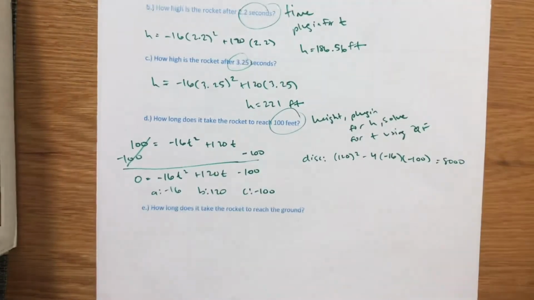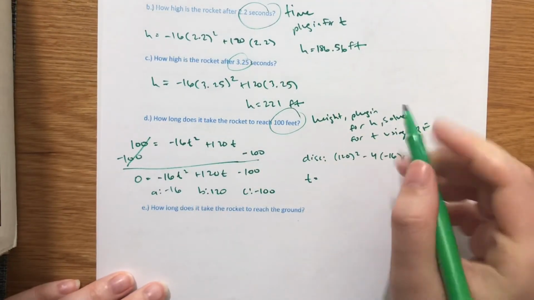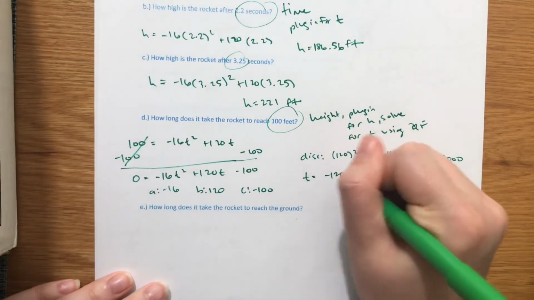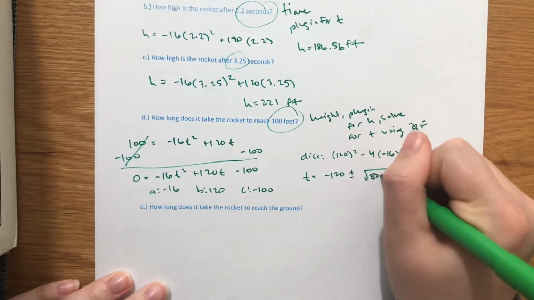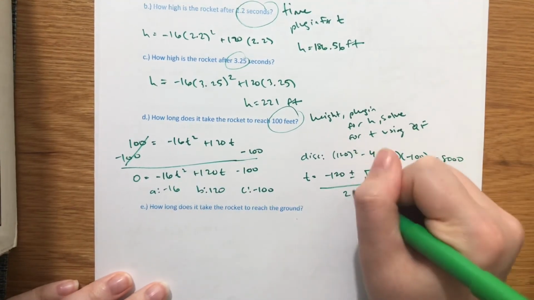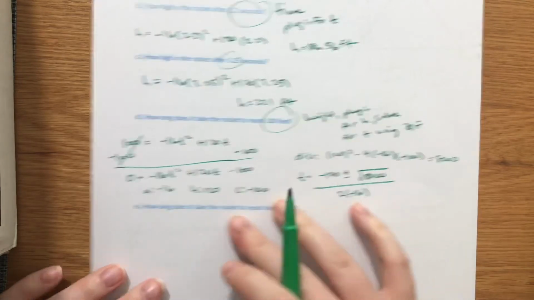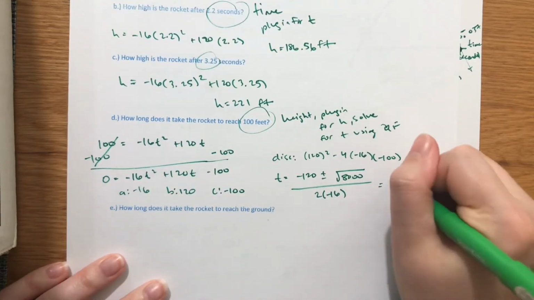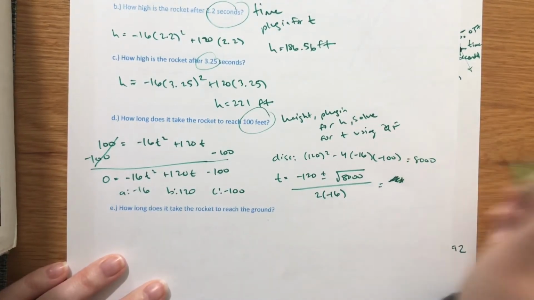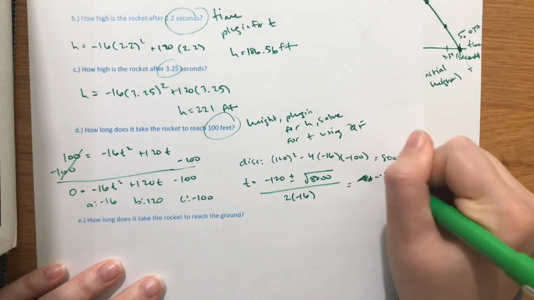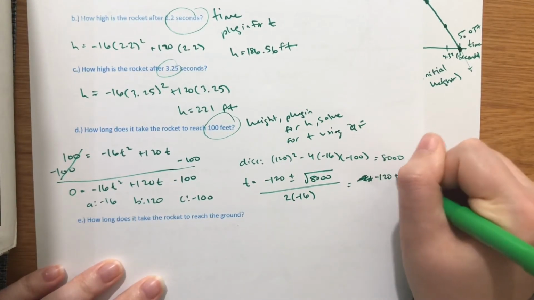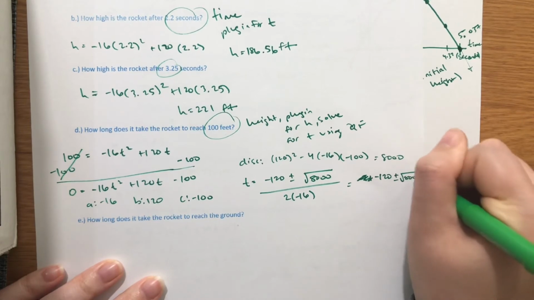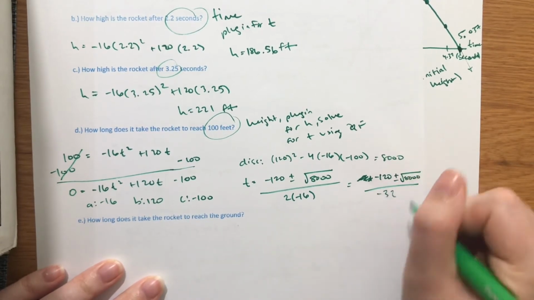Let's plug the rest into the quadratic formula. So t equals negative b, negative 120, plus or minus the square root of 8,000 over 2 times negative 16. I'm going to clean it up a little bit, just the bottom. Negative 120 plus or minus the square root of 8,000 over negative 32.